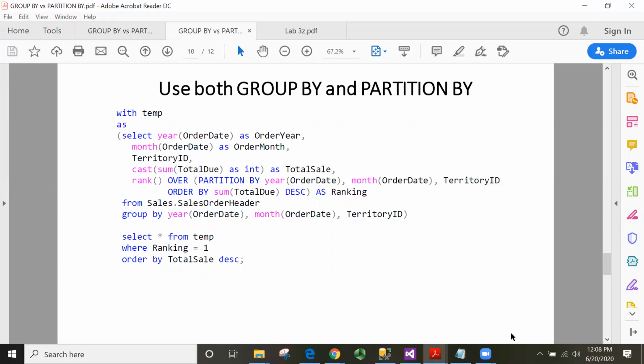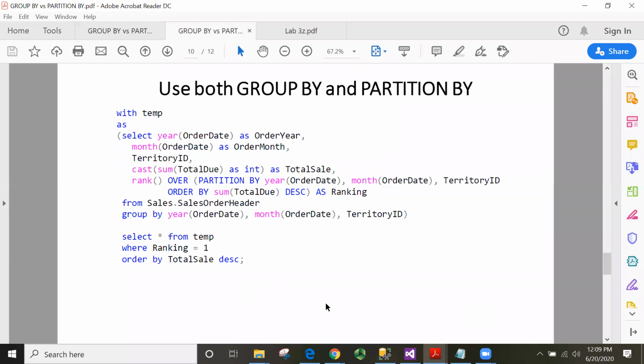Are we good? Okay, so we have a yes vote. So we are good with group by.